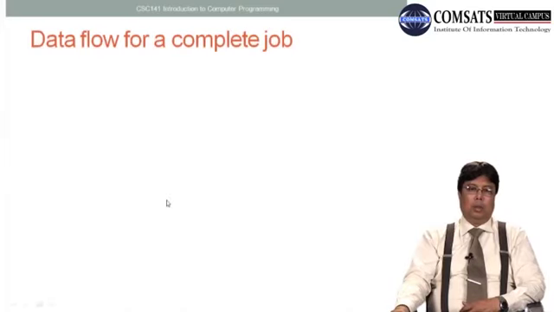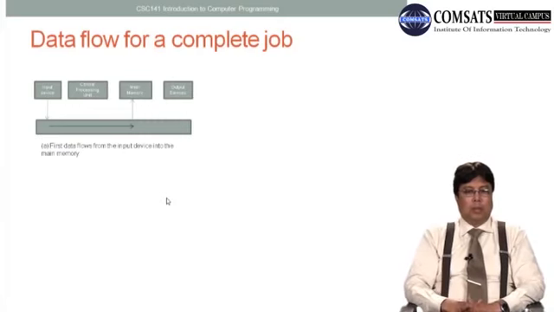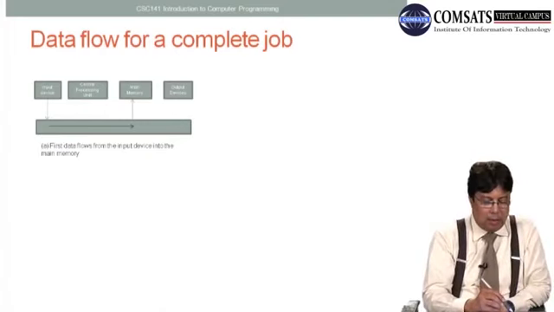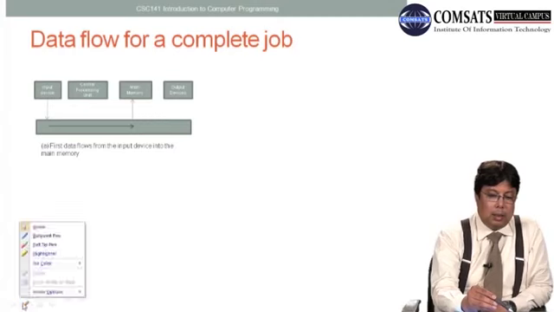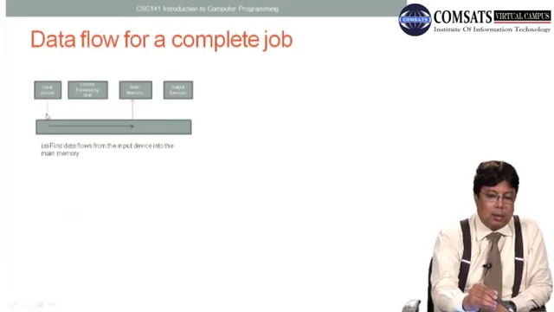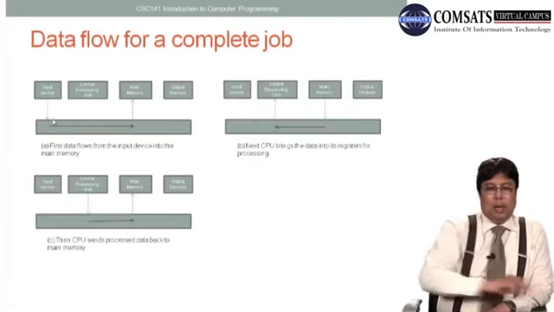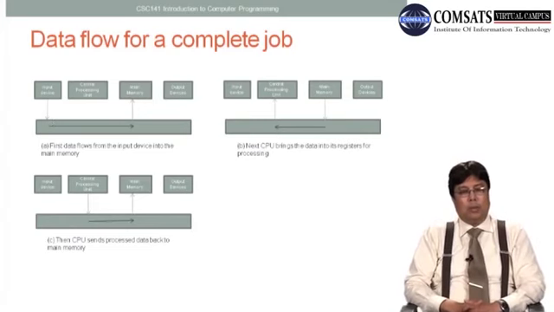Data flow for a computer job. First of all, the data flows from the input device into the memory of the computer. As you see in the slide, the input data is transferred from the input device to the memory.